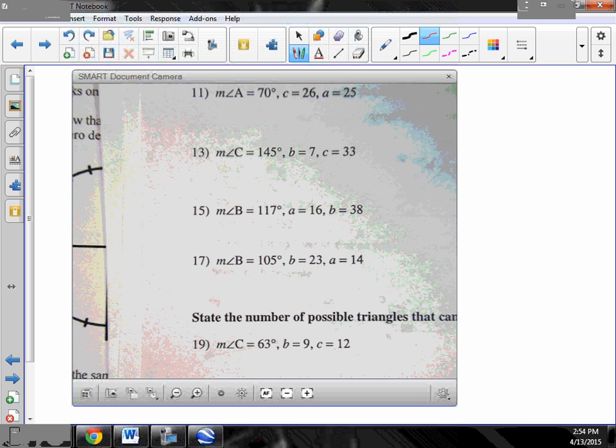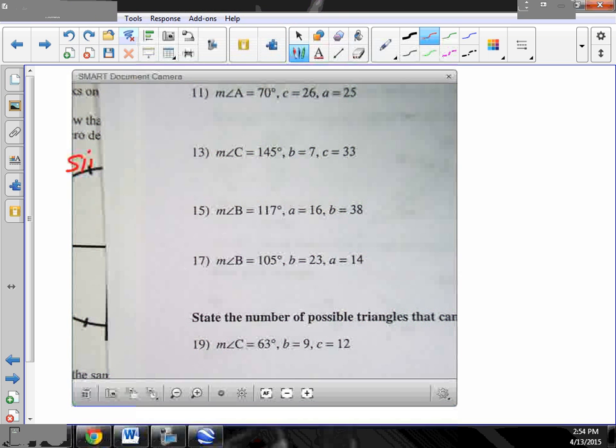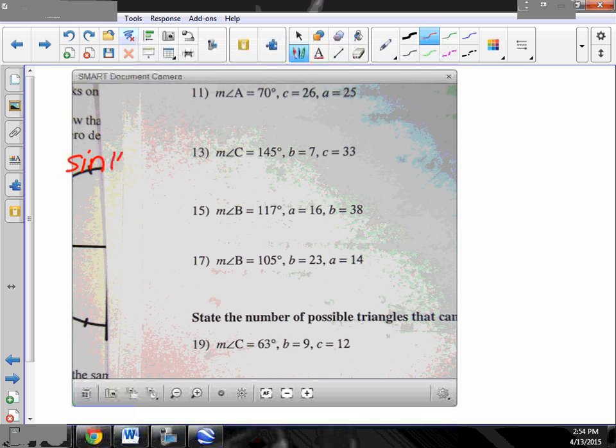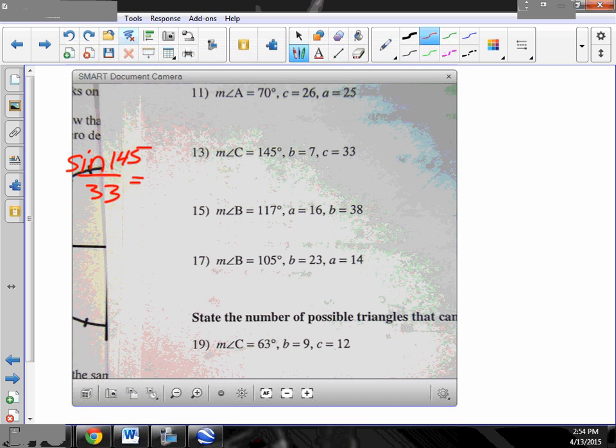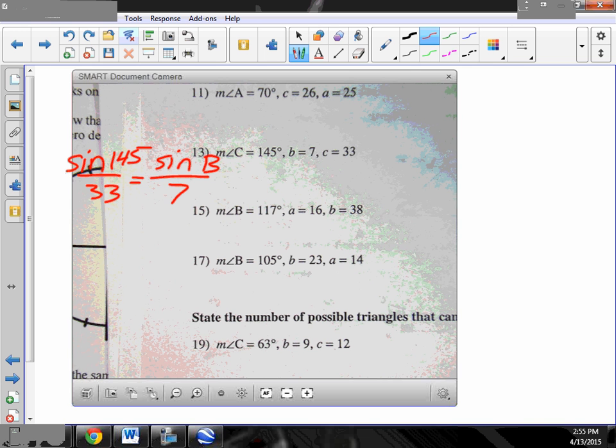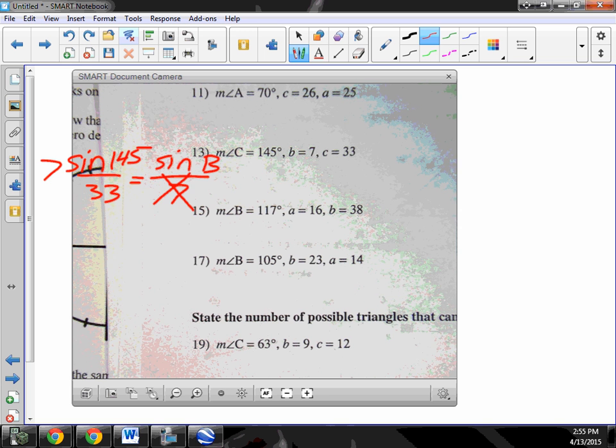Let's do 13. So sine of 145 over 33 is equal to the sine of b over 7. Now, well, I'll be smart in a minute. Let's be dumb. 7 sine 145 over 33.